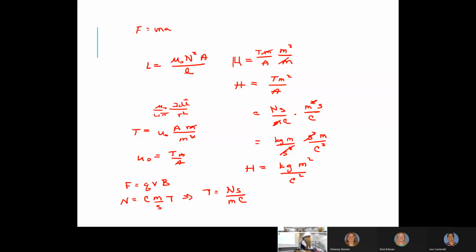Actually, come to think of it, you could get mu naught thinking of the solenoid equation. The magnetic field of a solenoid is given by mu naught times the current times the number of loops divided by L. And you could use that to get the units of mu naught.